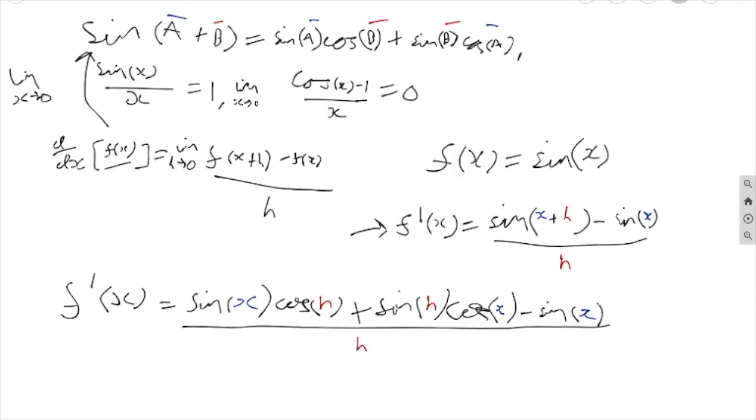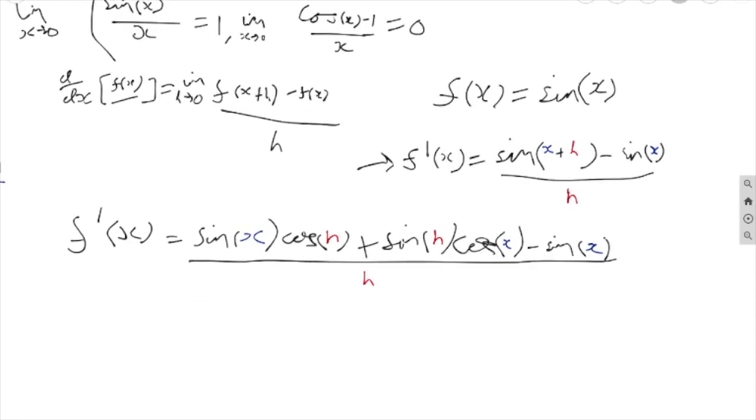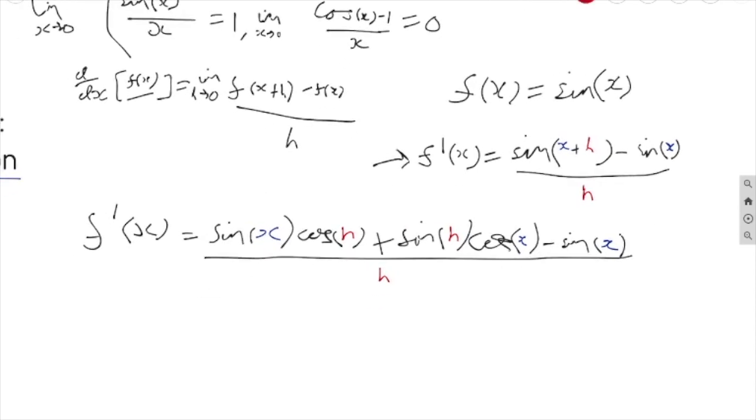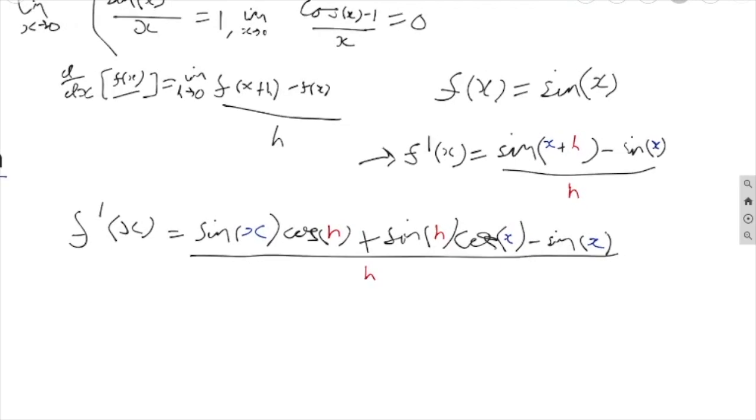From here, we're going to try and do a little bit of rearranging. We'll notice that we have a sine x by itself on the edge here, and our first term also includes a sine x. So we're going to try and group those together.